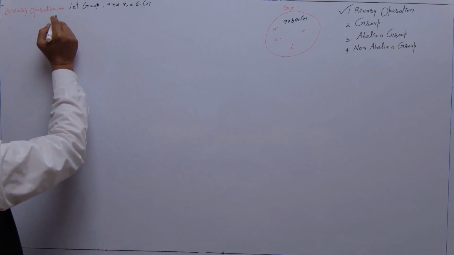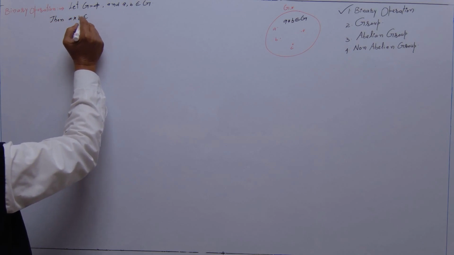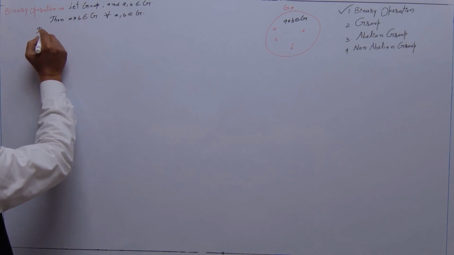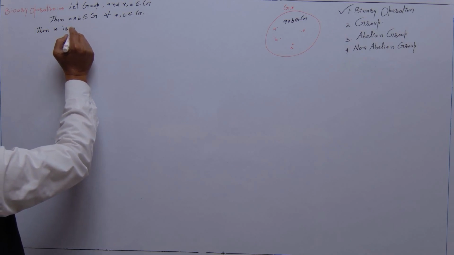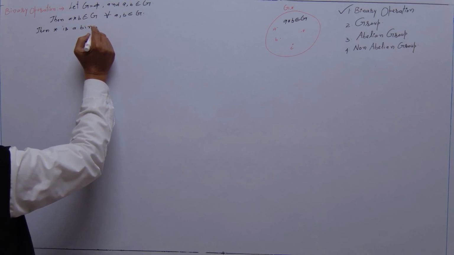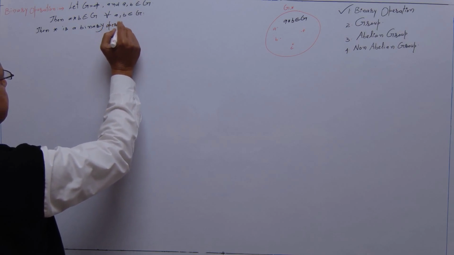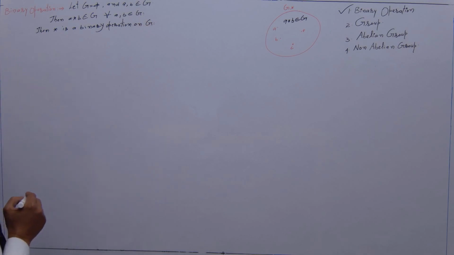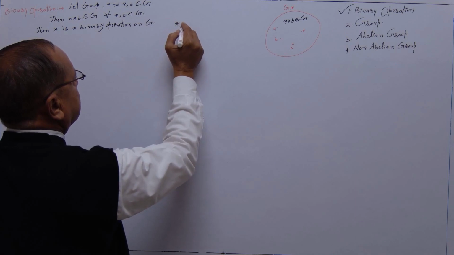Then a star b must belong to G. Then this star is a binary operation on set G. Okay? It means a star b is also an element of set G, then star is a binary operation on G. This is the binary operation.